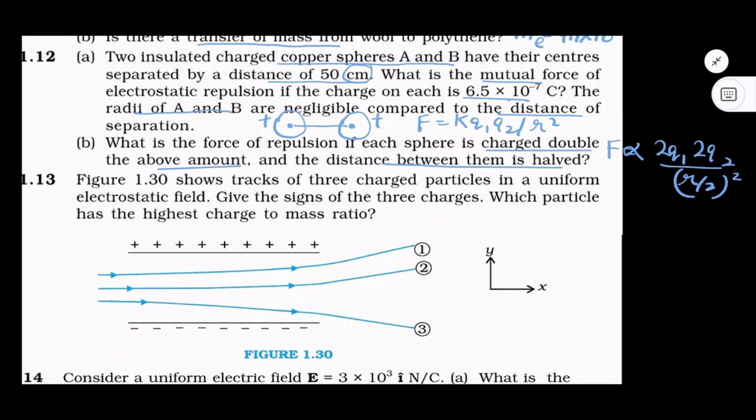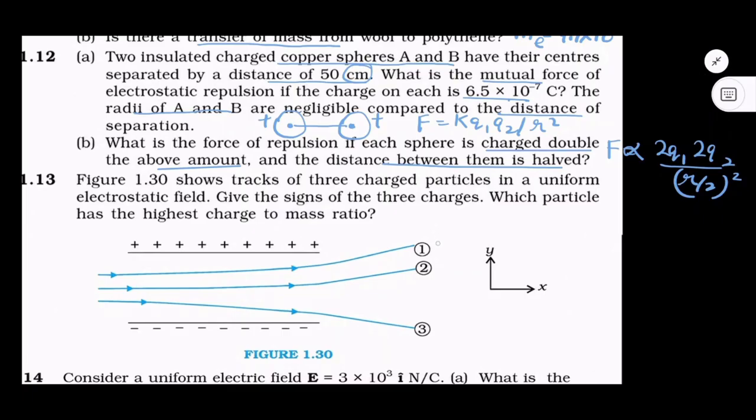Now the next question is: this figure shows the tracks of three charged particles in a uniform electrostatic field. Give the signs of the three charges. We have charges 1, 2, 3, and we have to tell the sign of each, and which particle has the highest charge to mass ratio. We can see that the first charge is attracted towards the positive side, so it should be a negative charge.